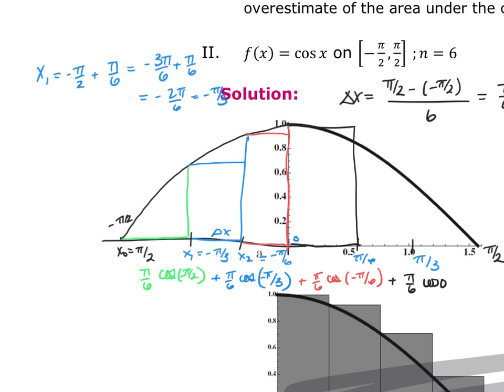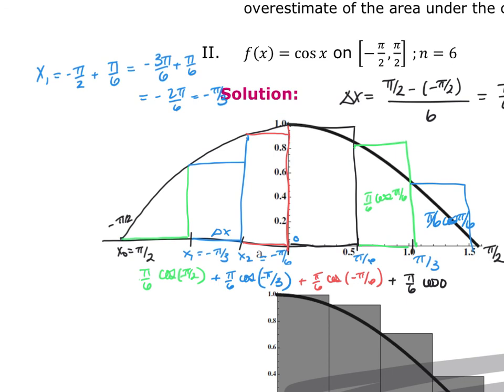And now I'm going to go back to this color again. So this height and this width. So this is going to be pi over 6, the cosine of pi over 6. And of course, my last one is going to be pi over 6, the cosine of pi over 3. And then I'm going to add all of those up, and whatever that is going to give me is the approximate area with the left side rule.